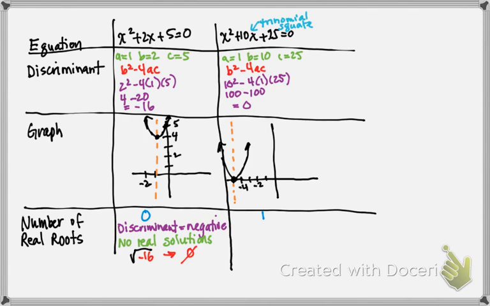What do we notice about the discriminant? The discriminant equals 0. We're going to get 1 real solution. And remember, when we take the square root of 0, it's going to give us x equals negative b over 2a.